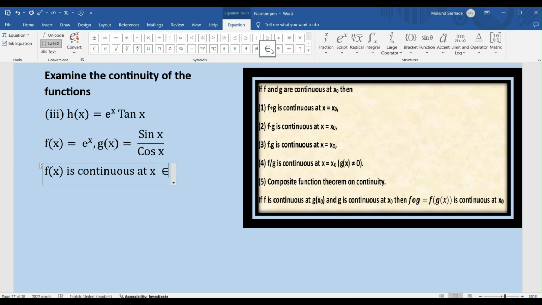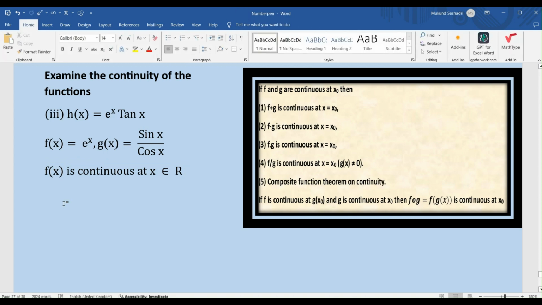x belonging to R. Now let's come to g of x. Now, what is g of x? I have represented this as a function of the form a by b, where a is my sine x and b, the denominator, is my cos x.